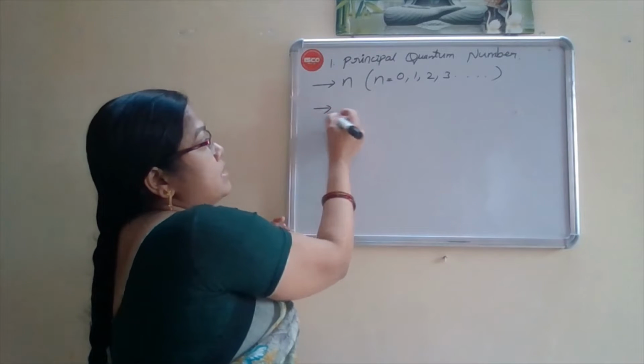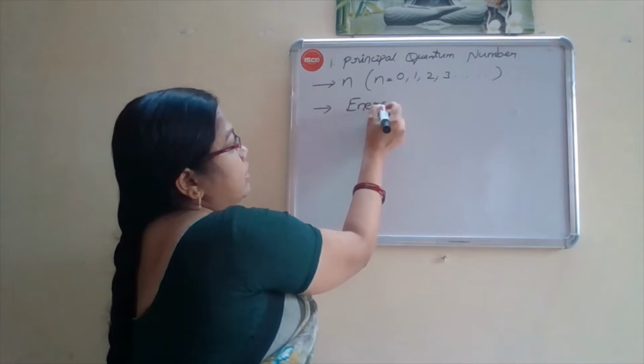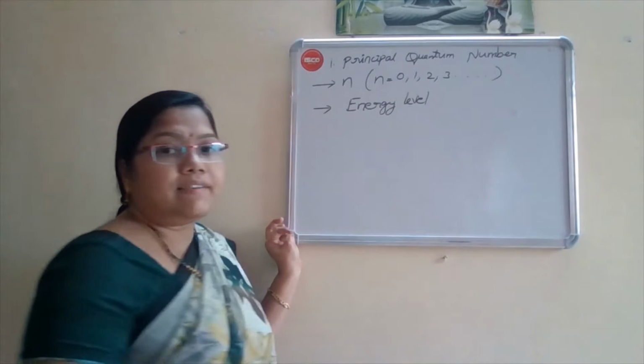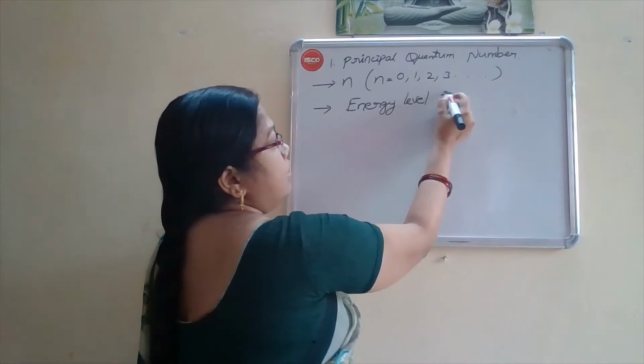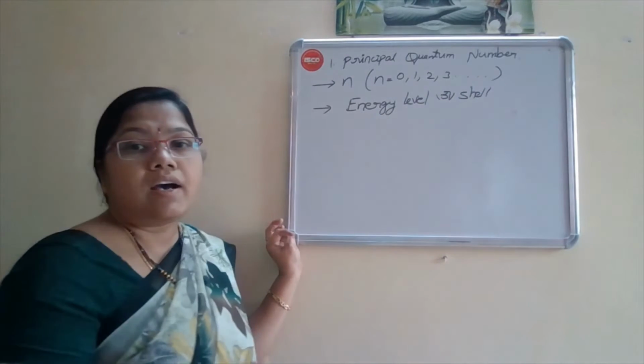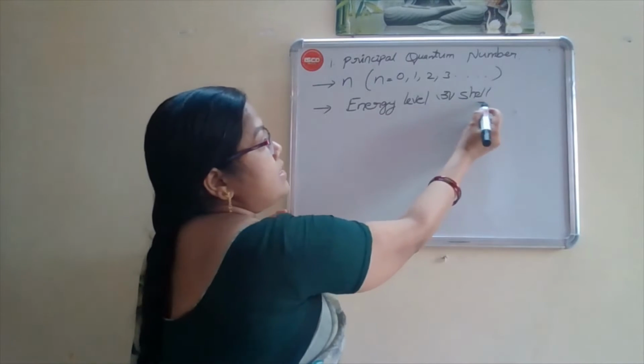It describes the energy level, or shell, or orbit. First, what is called a shell?